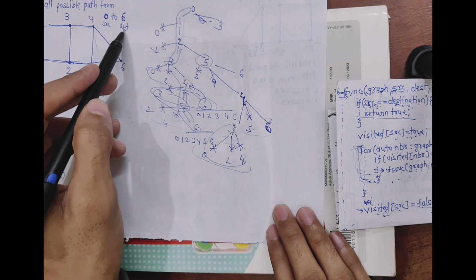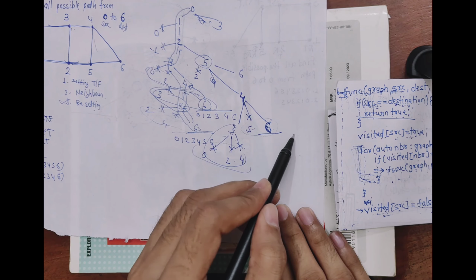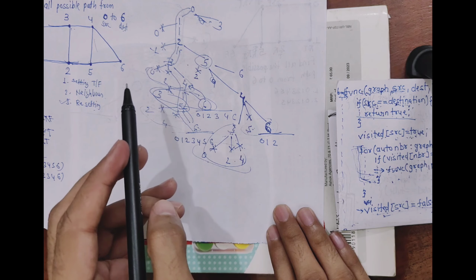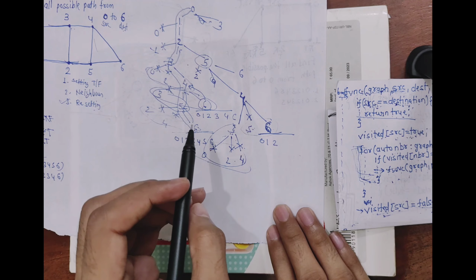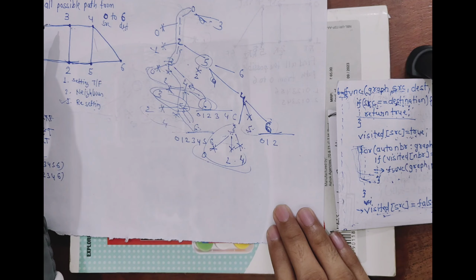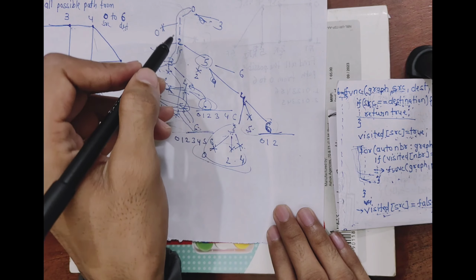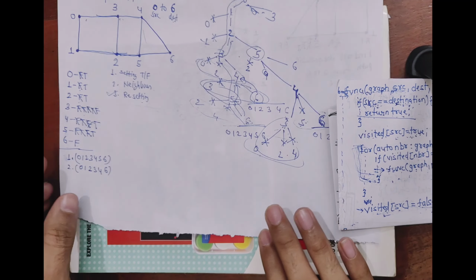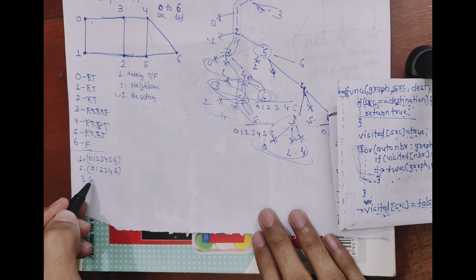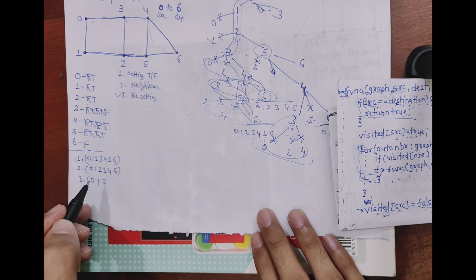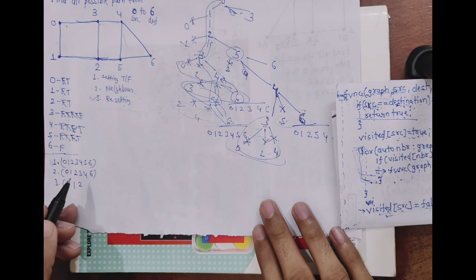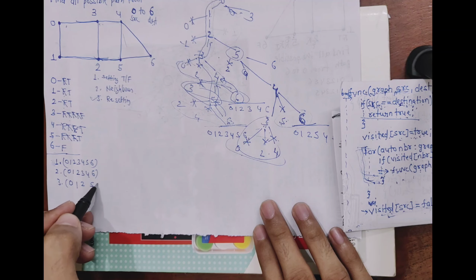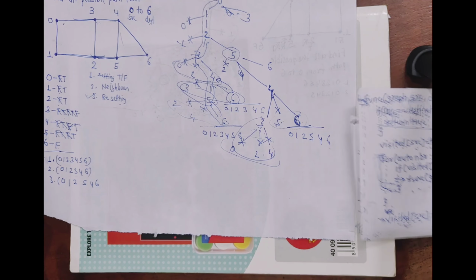Now 6 is equal to destination, so again we got our third path, that is 0 1 2 5 4 6. We got our third path, right?